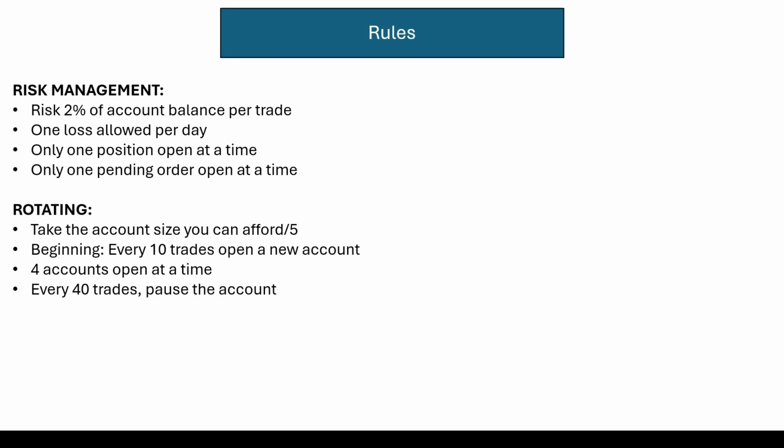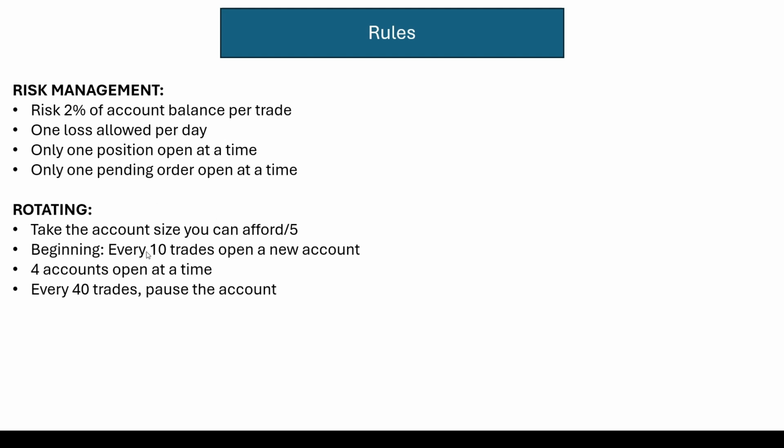So as we've seen in the past few months, prop firms are not exactly the most solvent organizations in the world. Therefore, by spreading your risk out across organizations, you might actually further diversify your risk exposure, which is quite beneficial. As we saw in the previous slide, you should also only have 4 accounts open at a time, and every 40 trades, you should pause the account.